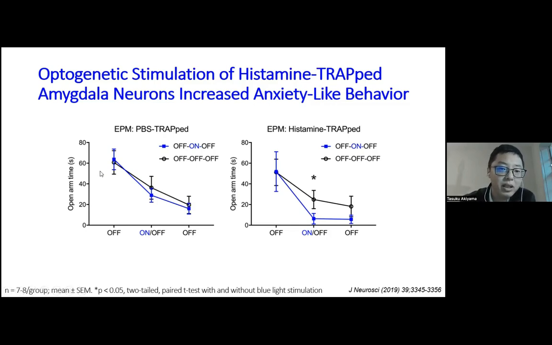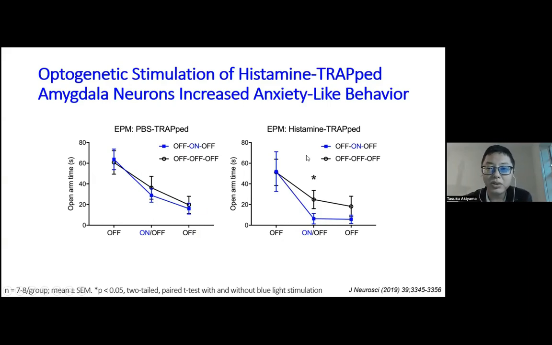When we delivered the light, the first 3 minutes without light was very similar, and the second 3 minutes with light, the numbers were very similar. In the third 3 minute period, it was also a very similar number.